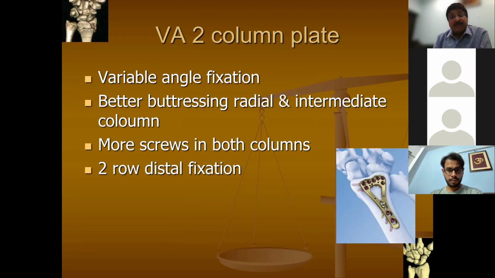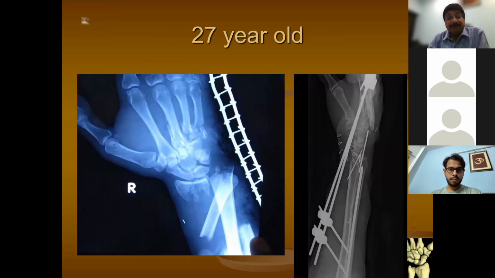And there are more screws in both columns, and there are 2 rows of distal fixation. So variable angle forms, you can say, a 30-degree cone. So it is 15 degrees each side from the central axis.